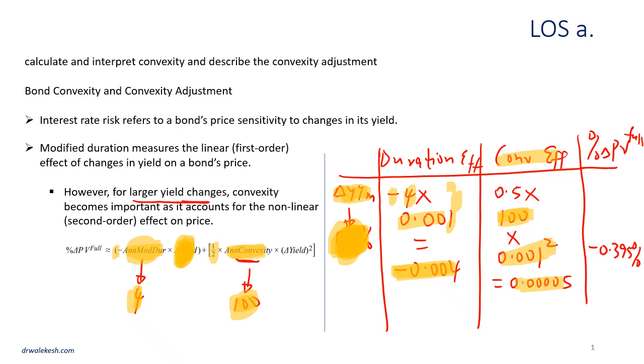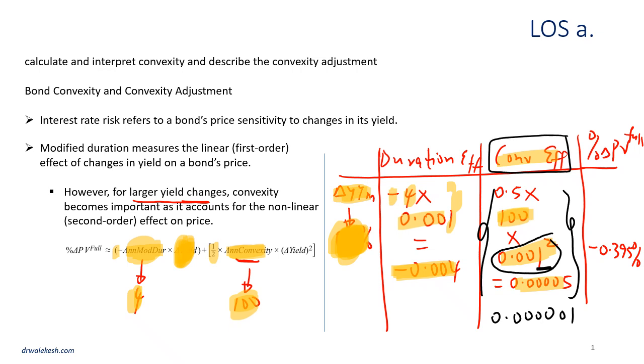But it is worth noting that the whole of this is 0.000001, which entirely dilutes the effect of convexity adjustment. If you add the duration effect to the convexity effect, this is what you will have. That implies that the percentage change in the bond's price is this.